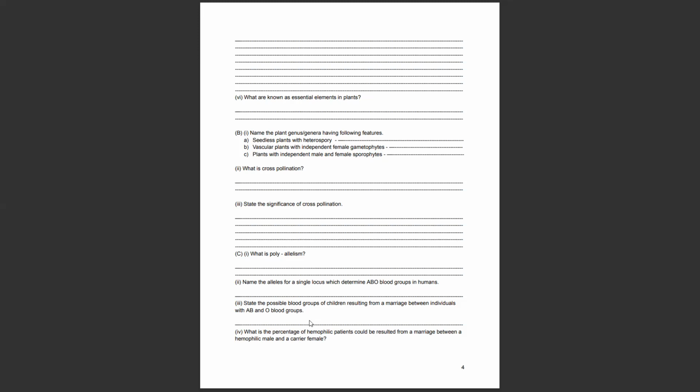Next point, when guard cells lose K plus to neighboring epidermal cells, it leads to exosmosis of water from guard cells. Now here they have asked only about the opening of stomata. But we have to mention the closing of stomata also, right?